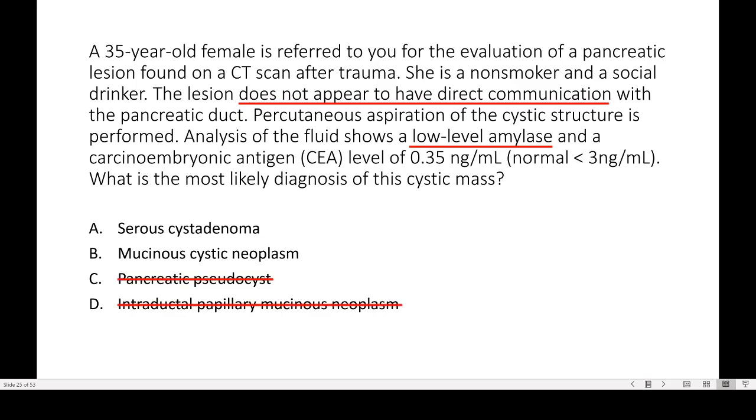IPMN, because you can't be intraductal if you don't communicate with the duct, and pancreatic pseudocyst, because you can't collect pancreatic juice if you don't communicate with the duct, right? Then we look at the CEA level, which is low. So between mucinous cystic or serocystic, which one is it? It's the serocystic, right? Because mucinous cystic has a chance of malignancy, therefore it should have high CEA.